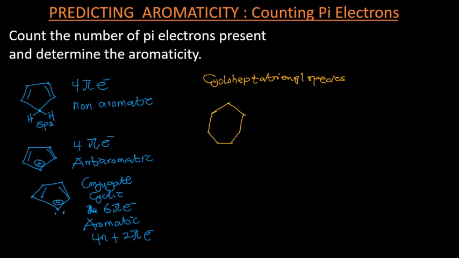So let's count again. 1, 2, 3, 4, 5, 6, 7. Alright, that is it. So we have this here, and a positive charge up here, and then let's draw the same thing here.